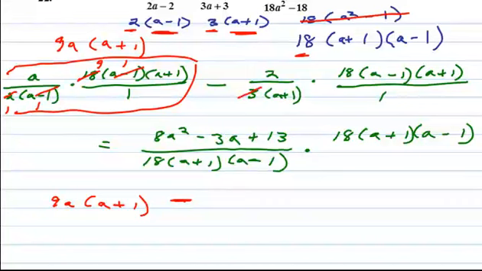Okay, 3 goes into 3 once. 3 goes into 18 6 times. Then we have a plus 1, a plus 1. So what are we left with? Well, we're left with minus 2 times 6, which is 12, times a minus 1.